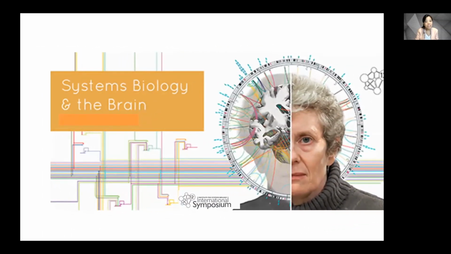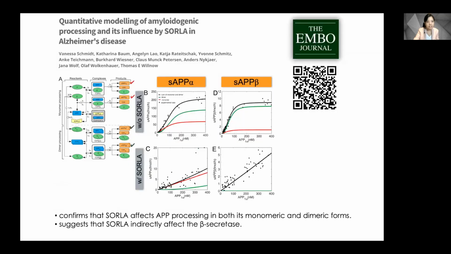And then for diseases, we can also apply similar dynamical models to study diseases. For example, we applied that in studying brain-related diseases. We applied systems of ordinary differential equations to study the interactions of proteins and genes that are connected to the amyloidogenic processing of Alzheimer's disease.